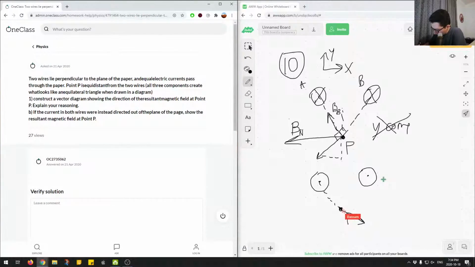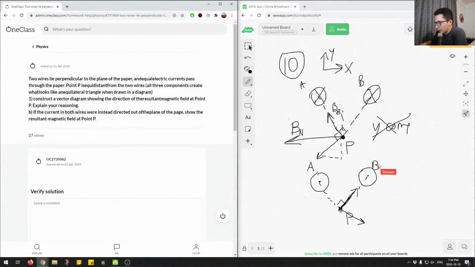A dot here, like that, is a right angle. Then this is the magnetic field for this wire, and this is the magnetic field for this wire. We have the same idea, A and B again.